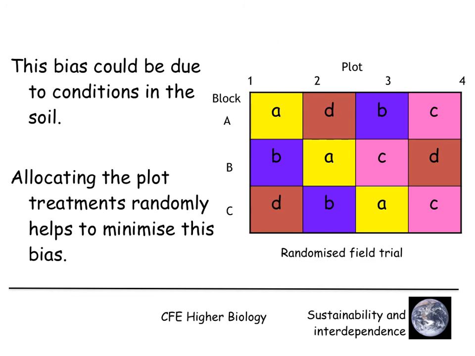So you would have it maybe set up something more like this, where you've got your 3 treatments in variable parts of the field, and this can be done either by some sort of computerized generation of where you should have your plots, or trying to allocate the plots as randomly as possible to minimize the bias that is there.